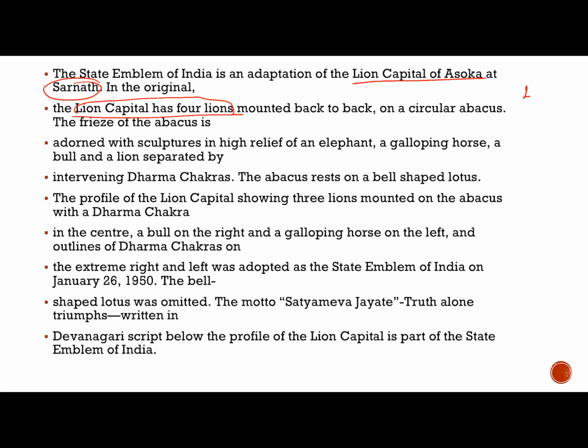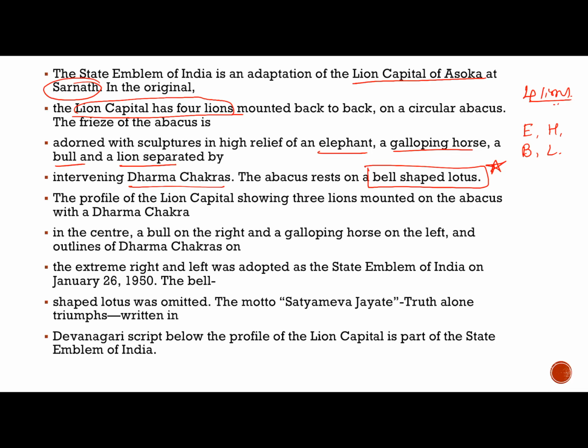The original one had 4 lions mounted back to back. After adopting it, they edited many things. They removed and added things like the elephant, horse, bull, and lion. These are the very important animals that we can find in our national emblem.